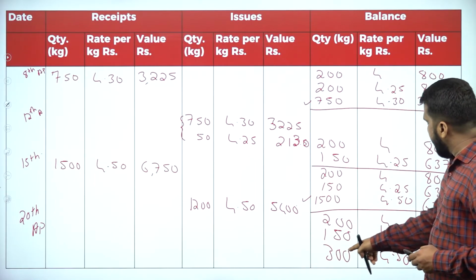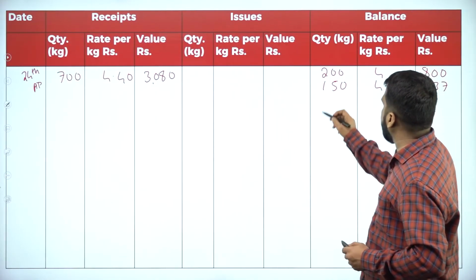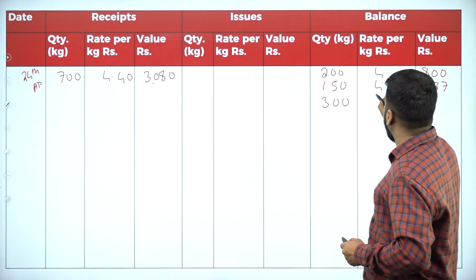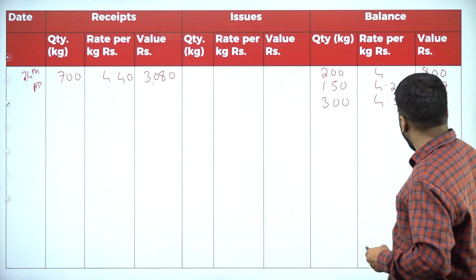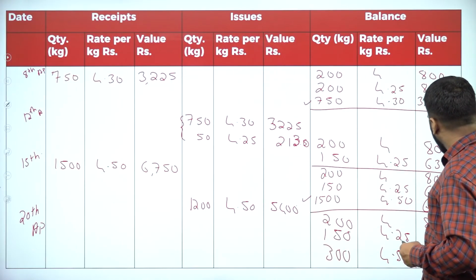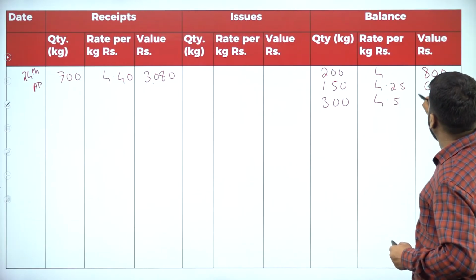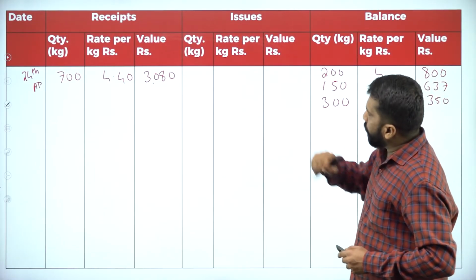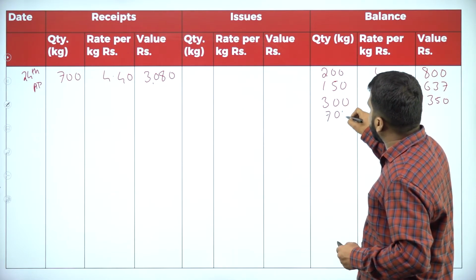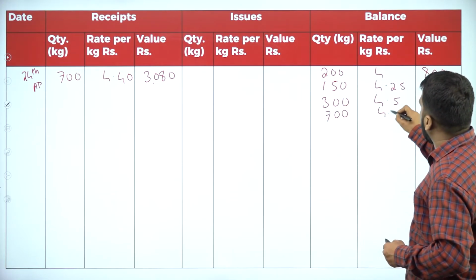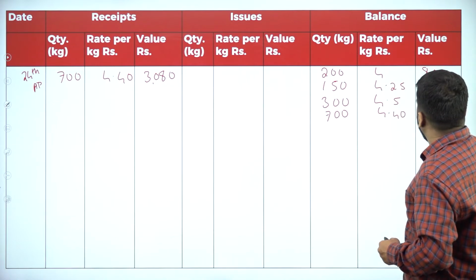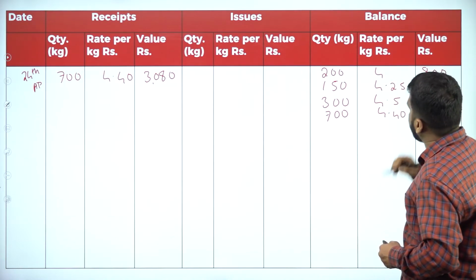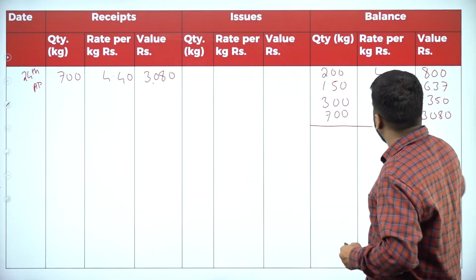We have 300 into 4.5, so it is 1350. Now, what is the addition? We have 700 into 4.40. It comes around 3080. Any doubt?